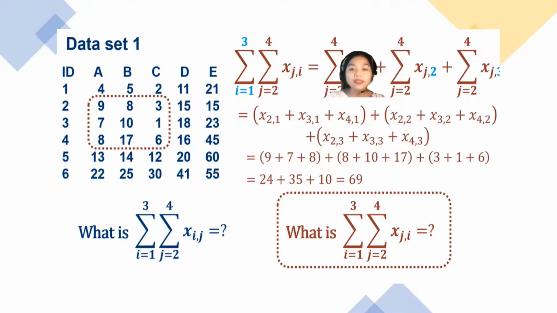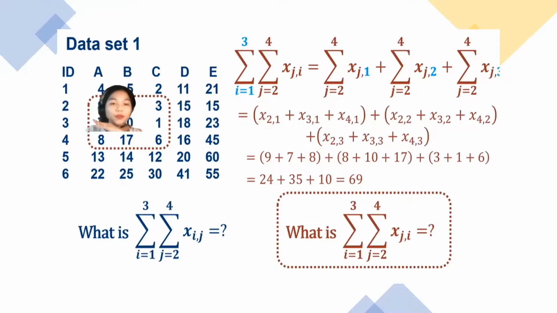Now, we're going to expand each of the notation kasi these notations are more familiar with us. So, we know that the rows range from 2 to 4. So, ayun po. x row 2, column 1, x row 3, column 1, at saka x row 4, column 1. Ito po yun.